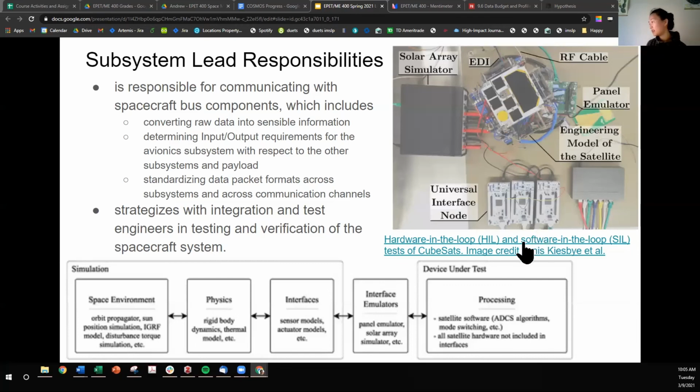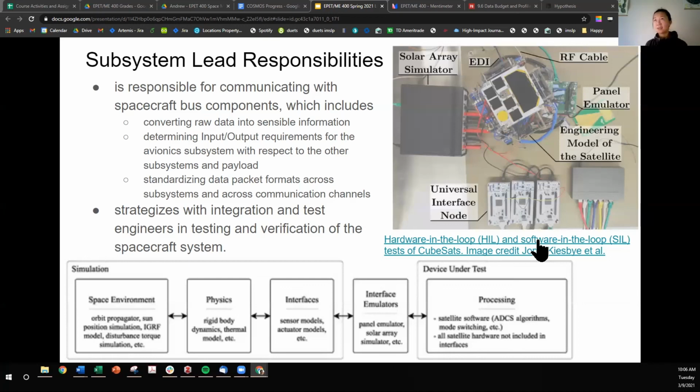The distinction here, software in the loop, is that you have a virtual spacecraft, so you don't have any physical components. You're just simulating how different programs in your flight software would react to a simulated space environment.